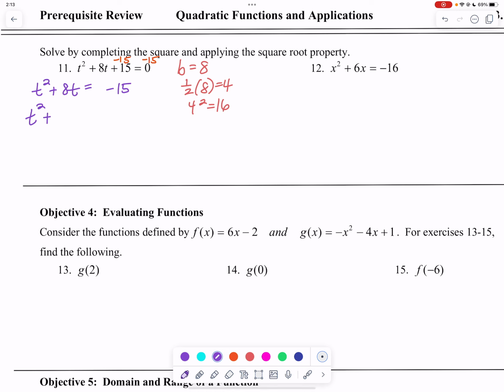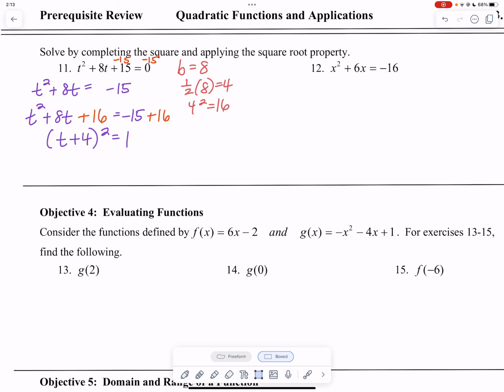So for this problem, we need to add 16 to both sides. So we have t squared plus 8t equals negative 15, and we're going to add 16 to both sides. Now we have a perfect square trinomial, and we have t plus 4 squared is equal to 1. Now let's take the square root of both sides.